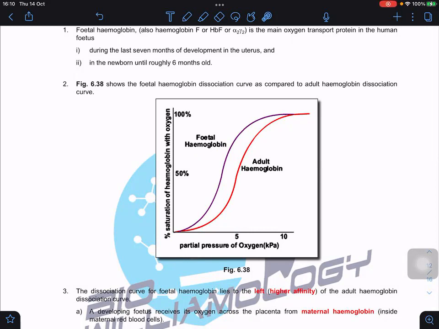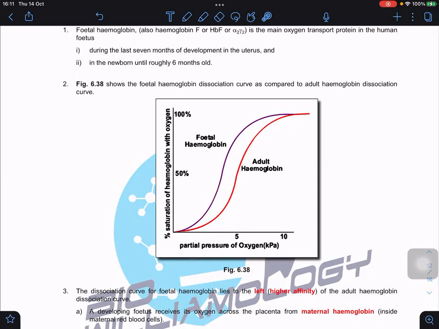Why? Because in the placenta, O2 has to be released by the adult hemoglobin so that fetal hemoglobin will extract or bind it. If the fetal hemoglobin does not have the high affinity, the adult hemoglobin won't be able to release the O2 for the fetus. That means the fetus won't get the oxygen through this placental exchange.